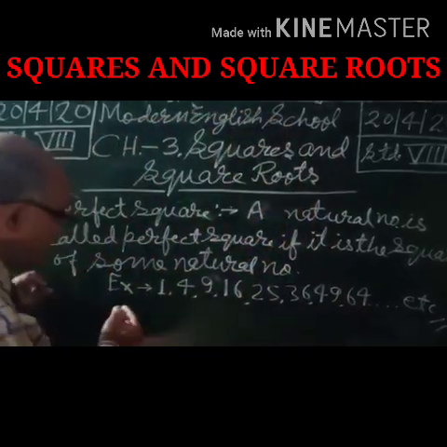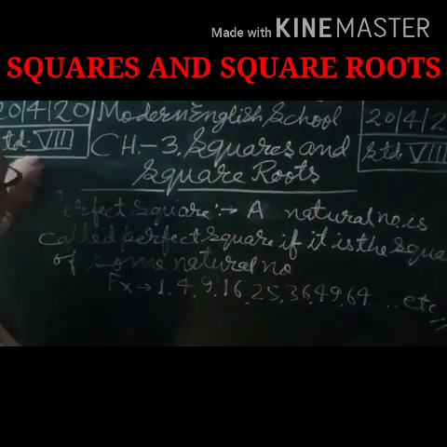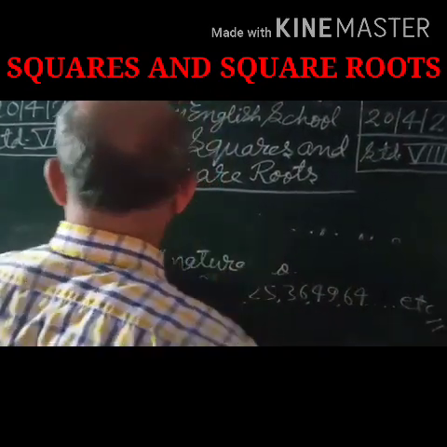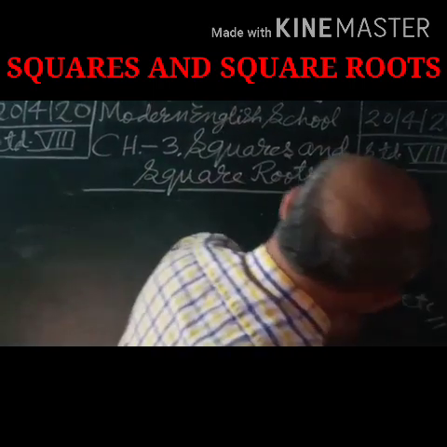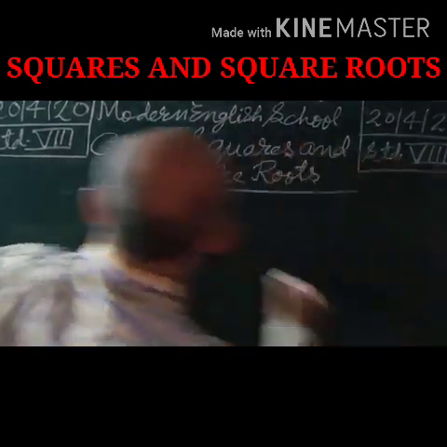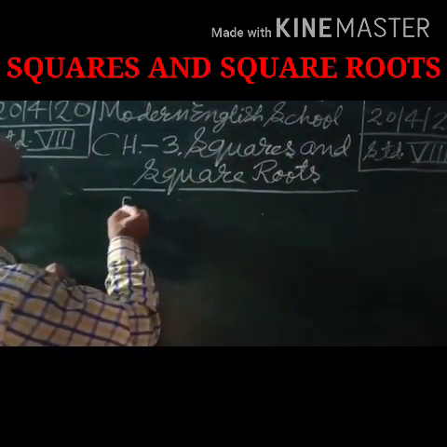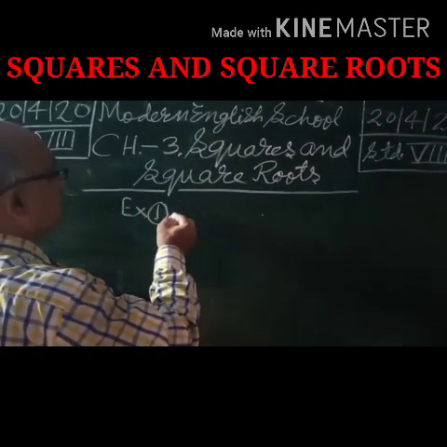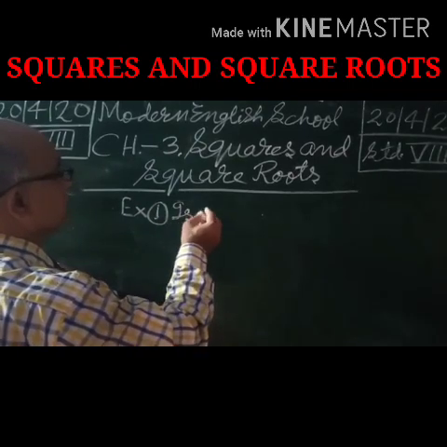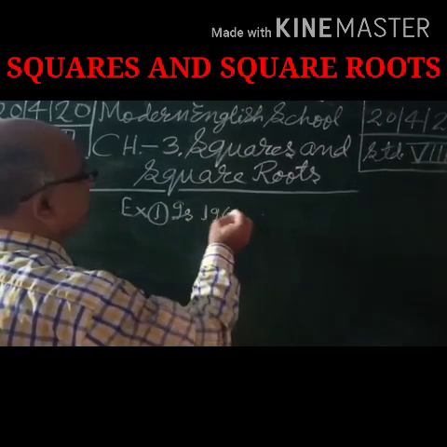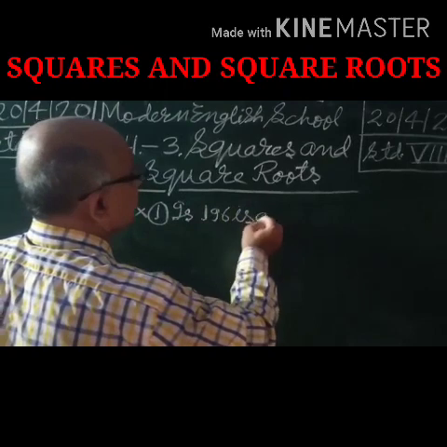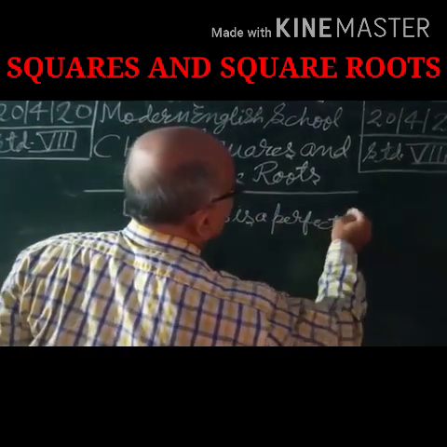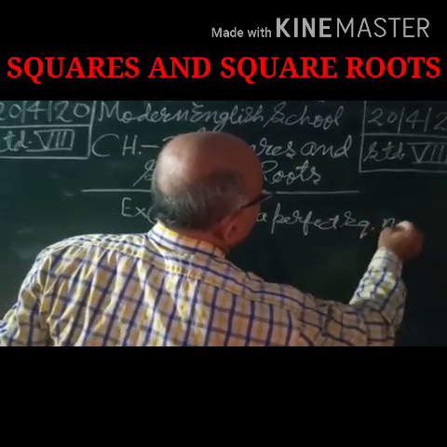So, one question. Example 1: 196 is a perfect square number.